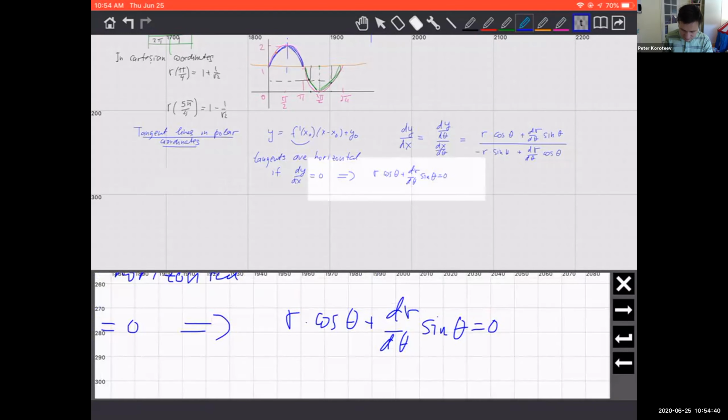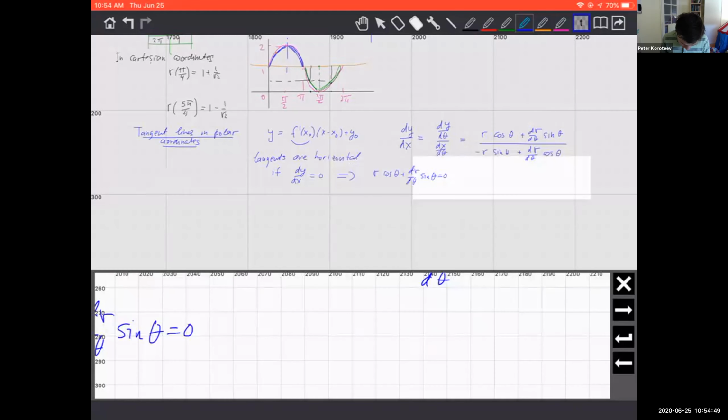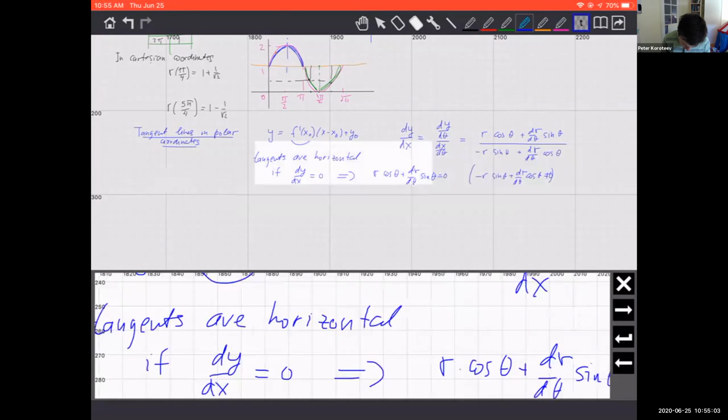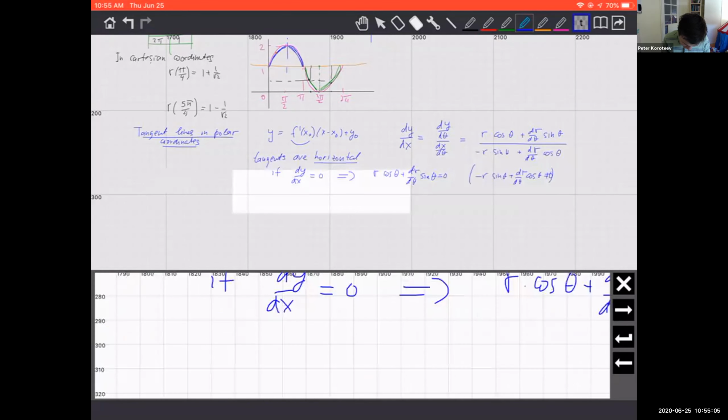Remember, we had an example in the first lecture when the numerator was 0 but also the denominator was 0. So the denominator is not equal to 0, because if it is equal to 0, we have to use L'Hopital's rule. So it is horizontal when the derivative vanishes.